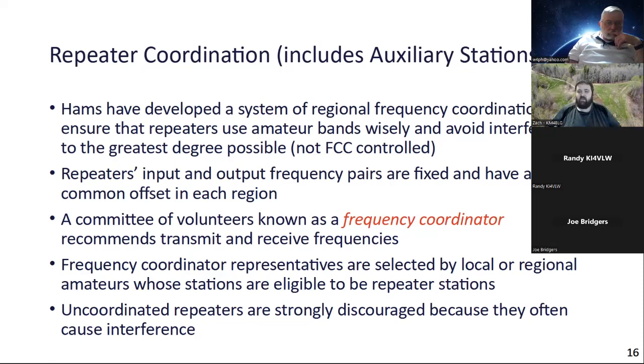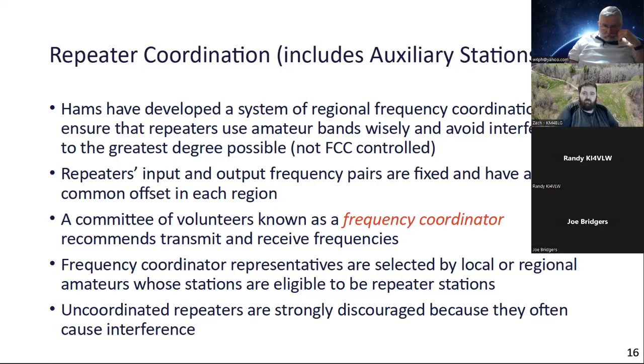They look at maps, they look at the terrain, they look at the characteristics of how radio waves travel. A lot of them have special computer programs that can plot a bunch of this stuff for them. And they figure out what frequency would be the most optimal to keep from interfering with anybody else. You don't want to put two repeaters on the same frequency 10 miles apart because they're just going to be fighting each other all the time.